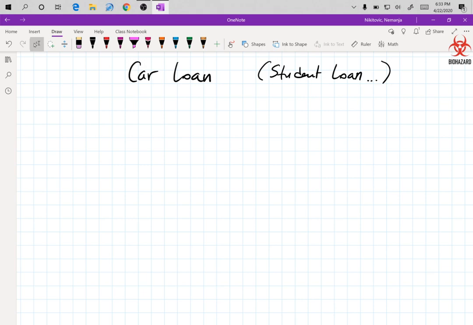So here is what we are going to do. Let's say the price is, I don't know, $8,000, right? And we have no money, like zero, right?